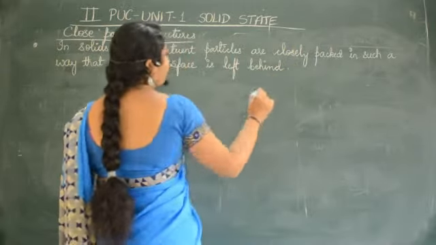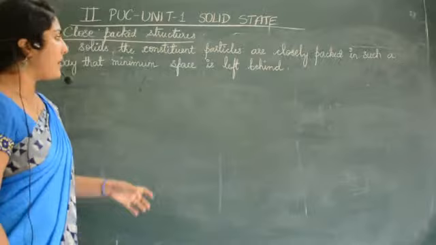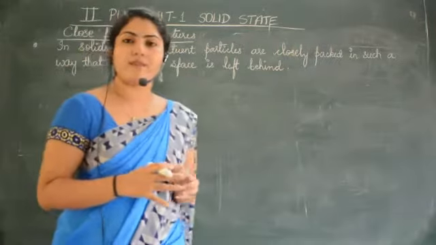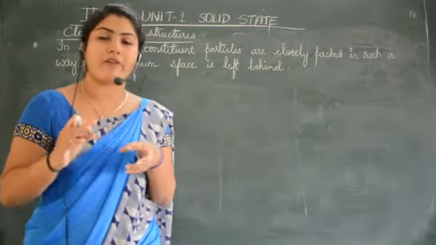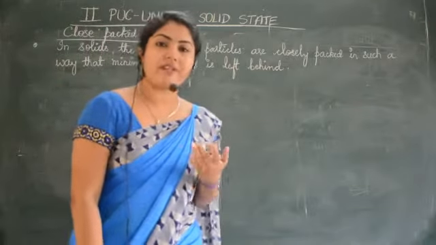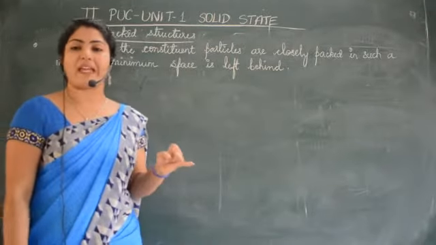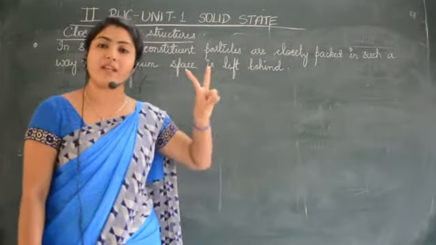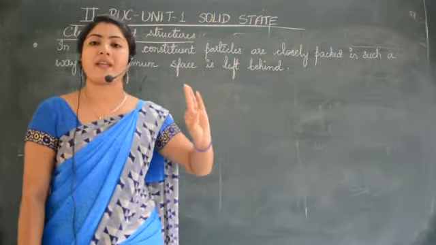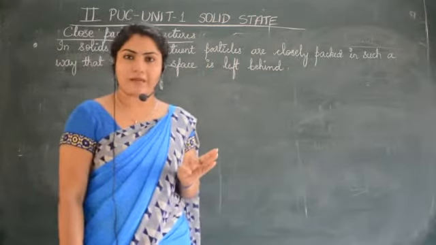This is the point. That means less space must be there, and as much as possible you have to closely pack. So there are different ways of packing: close packing in 1 dimension, close packing in 2 dimensions, close packing in 3 dimensions also we see.